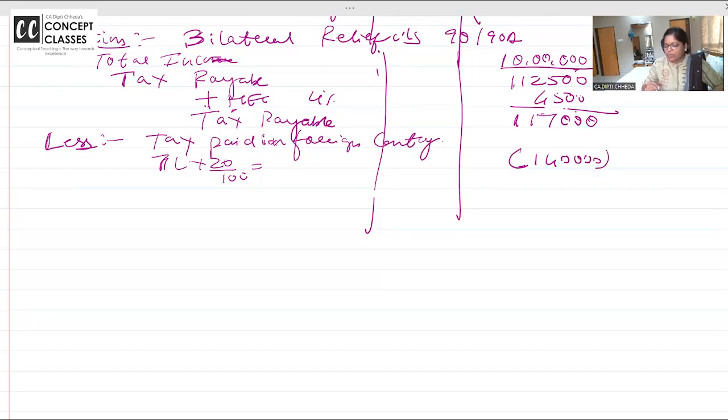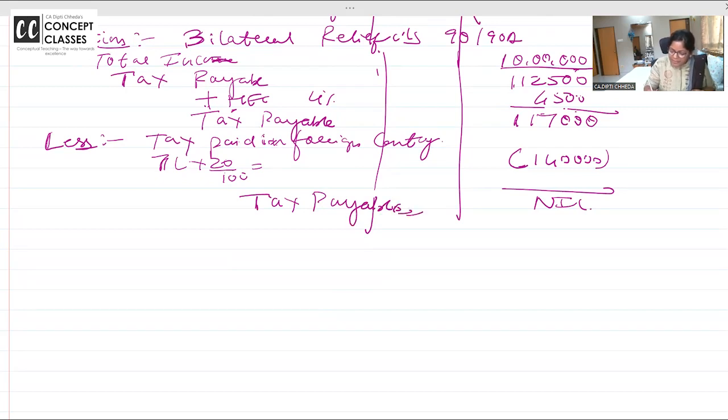Till that much you can take the relief. But now, ma'am, the tax is less and the relief is more. So what will be the tax payable? Nil.